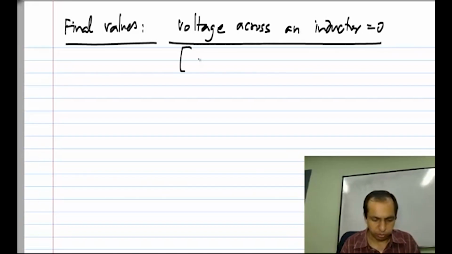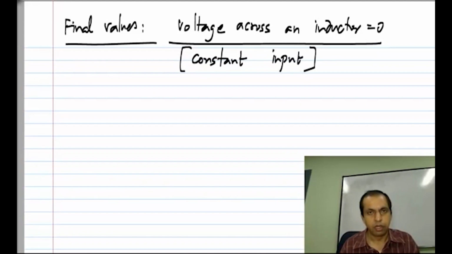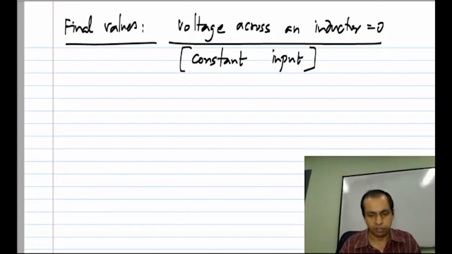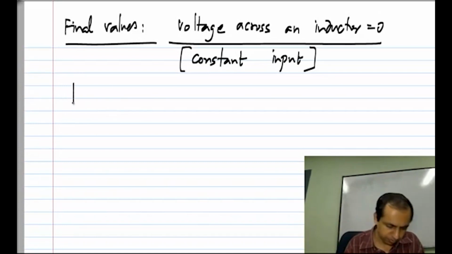This is of course assuming constant or piecewise constant inputs. Because then the inductor current also has to be constant, and if the inductor current is constant, the voltage across it, which is the time derivative of the current, will also be 0.